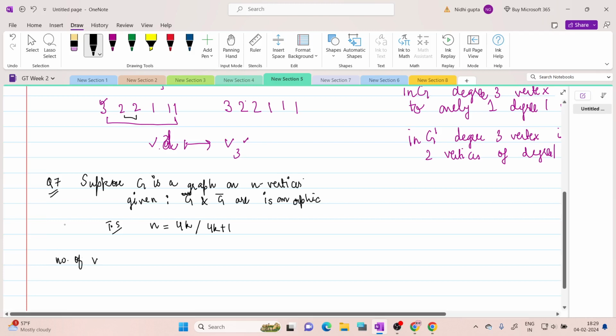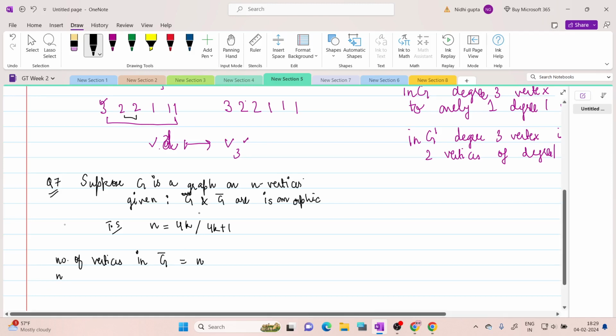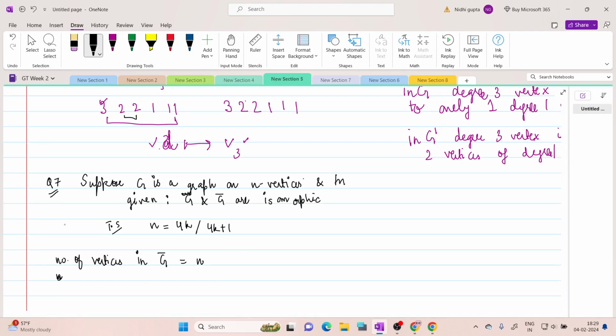The same number, n. Now suppose G is a graph on n vertices and m edges. So the number of vertices in G bar is n. What can we say about the number of edges in G bar?